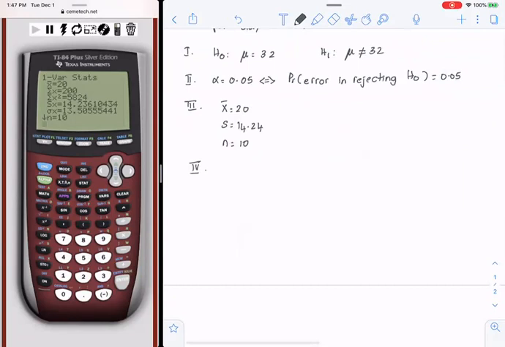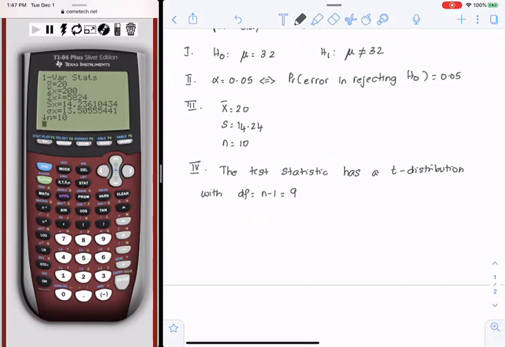Step 4 is to recognize the distribution of the test statistic. The test statistic has a t-distribution with degrees of freedom equal to n-1, which is 9.